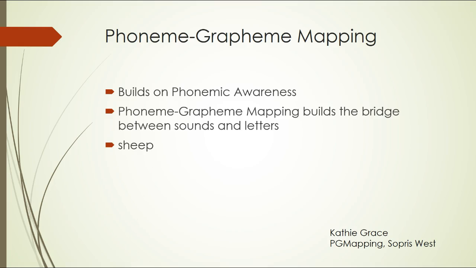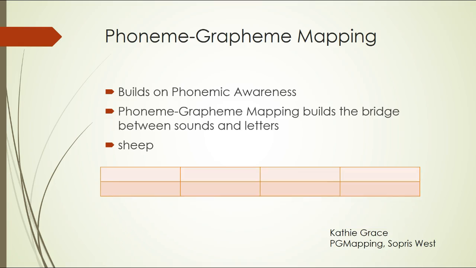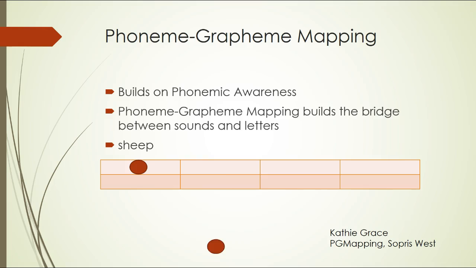So let's take the word sheep. If I was working with a student, I would ask the student, what do they hear? We'd want them to give me the sounds, and we would use chips, coins, pennies, whatever they might have. Then I will listen to the student. Sh, e, p, sheep. It has three sounds, and then I would tell them, what do you write?